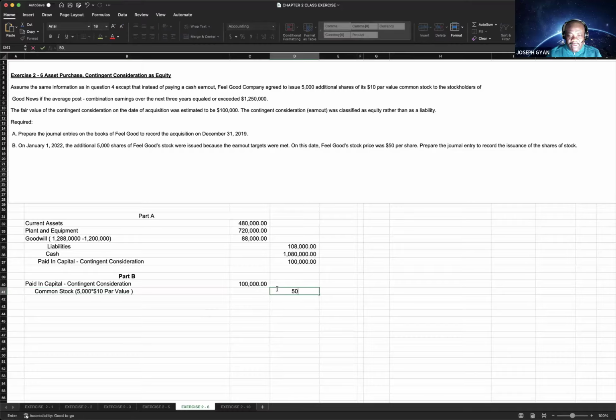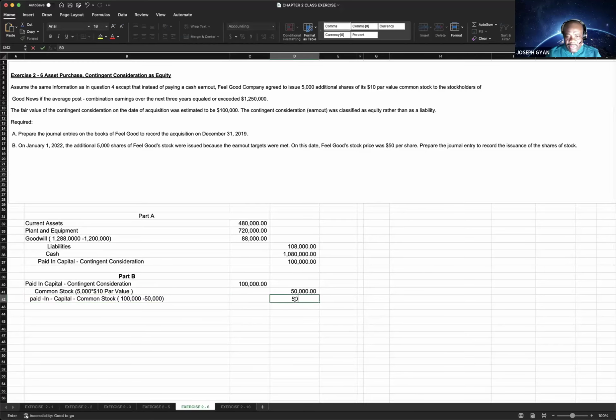So we gain. If you look at this one, the gain will go to the other contributed capital, or additional paid-in capital of the common stock, which is equal to the 100,000 minus the 50,000 of the amount that we are giving to them.